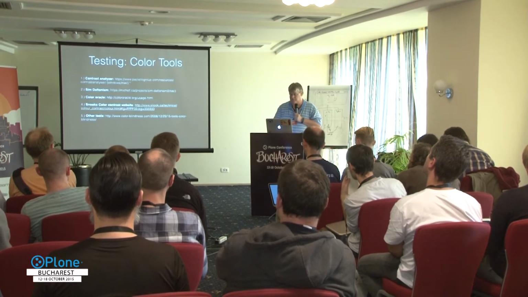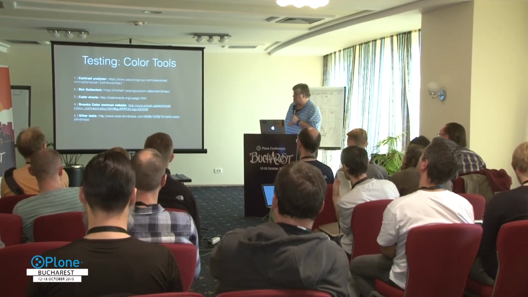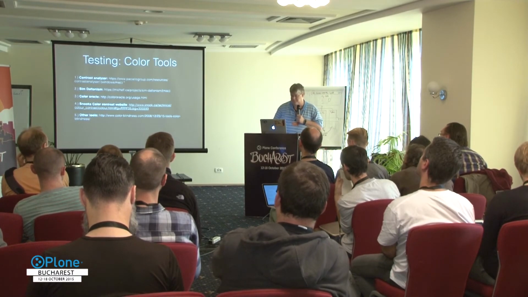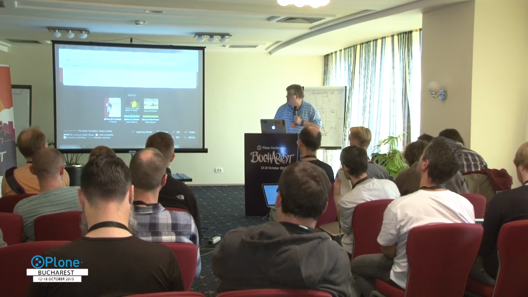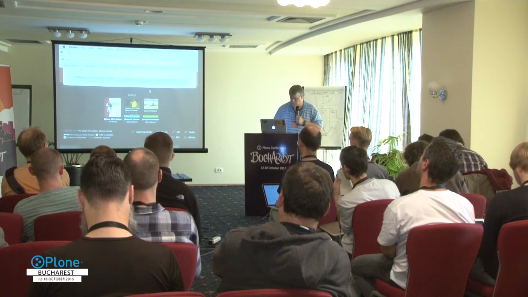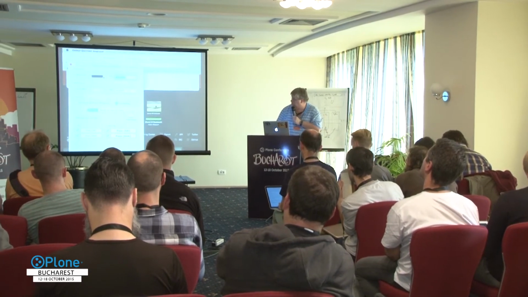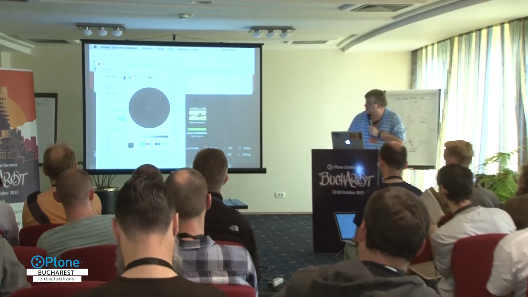So there's also color tools. The contrast analyzer will take and analyze colors for you. Let me show you that. So you can pick one of your colors from here.